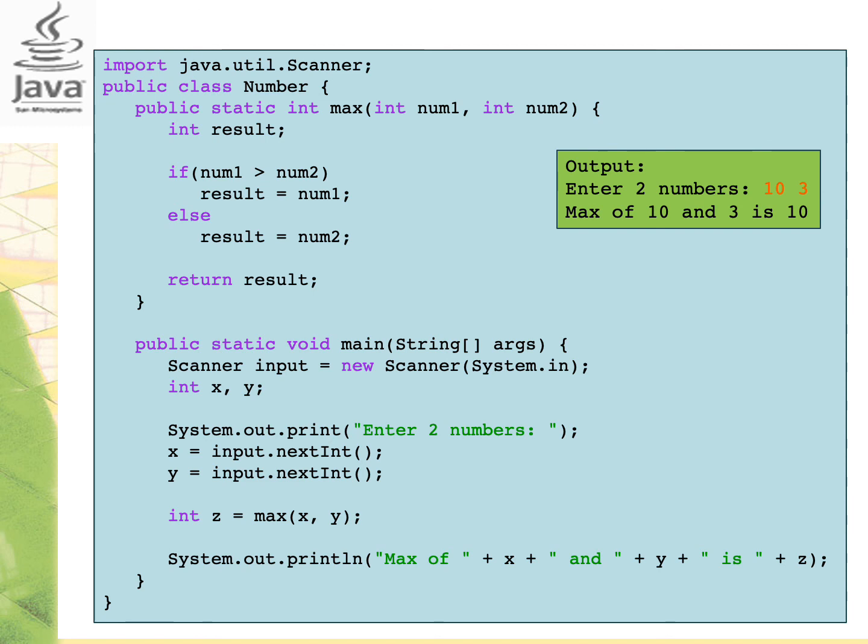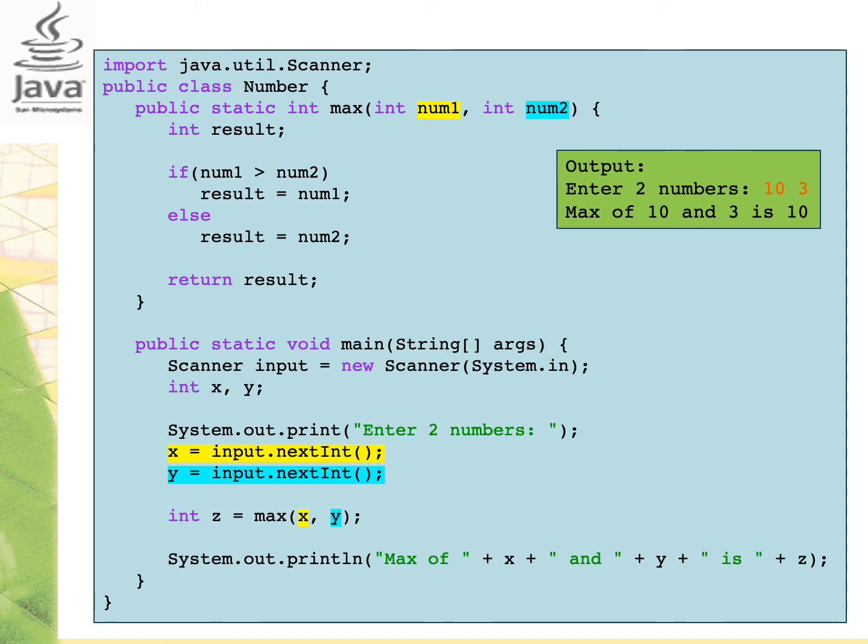Here is the complete code for the example from before. We have the main method, which is where the max method is invoked. If we run this code, it will ask the user to enter two numbers. Say that the user enters 10 and 3. 10 is the value for variable x and 3 is the value for variable y.